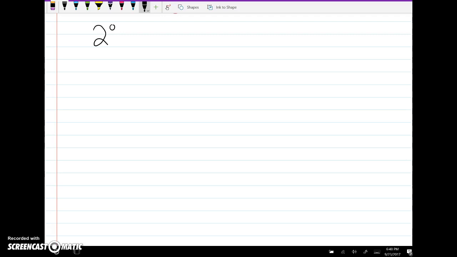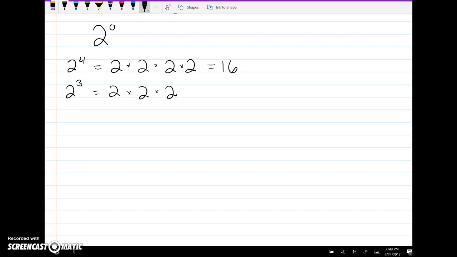We know that 2 to the 4th is 2 times 2 times 2 times 2, which equals 16. 2 to the 3rd is the same as 2 times 2 times 2. The 3 tells me how many times I multiply the 2.